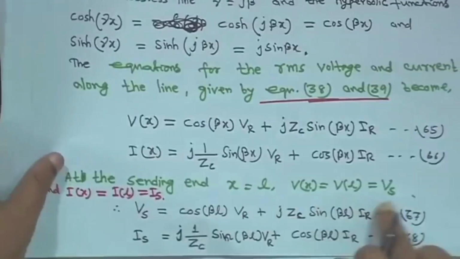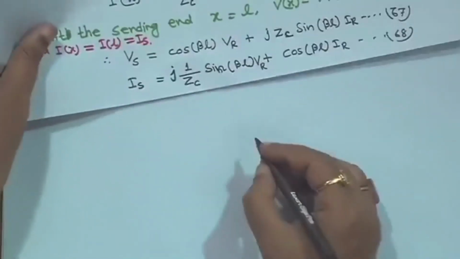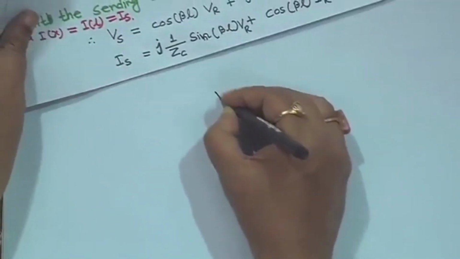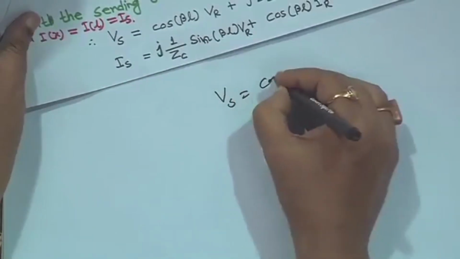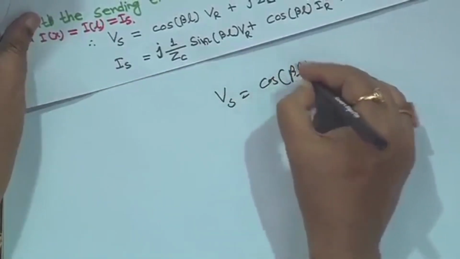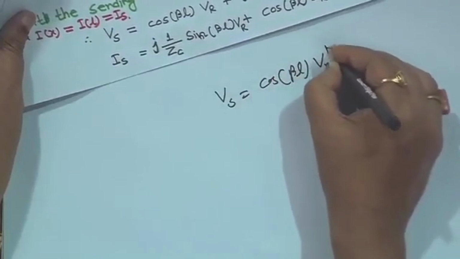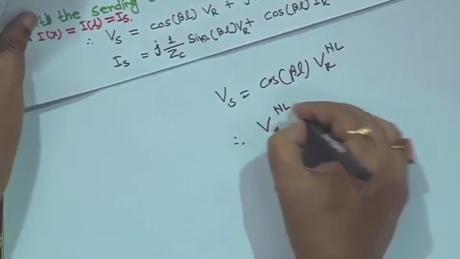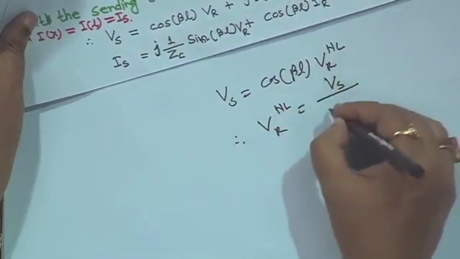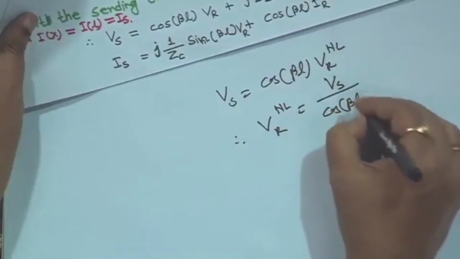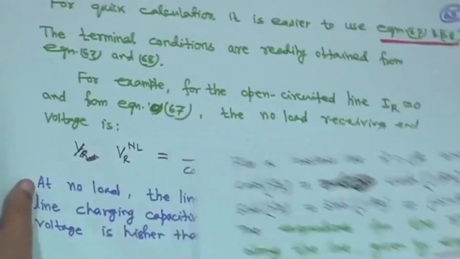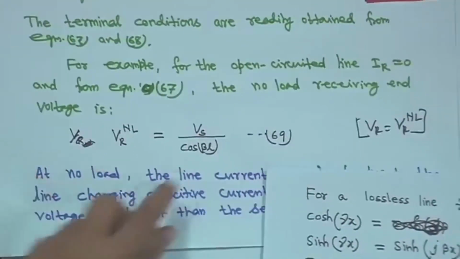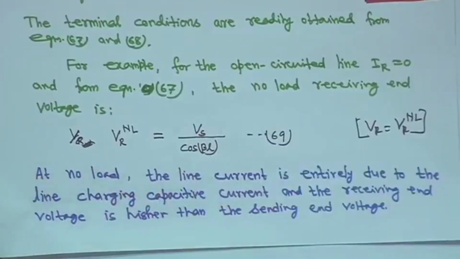Therefore, equation 67 becomes V s equal to cos beta L times V r no load, because I r is 0. Therefore, V r N L is equal to V s upon cos beta L. That is equation 69.